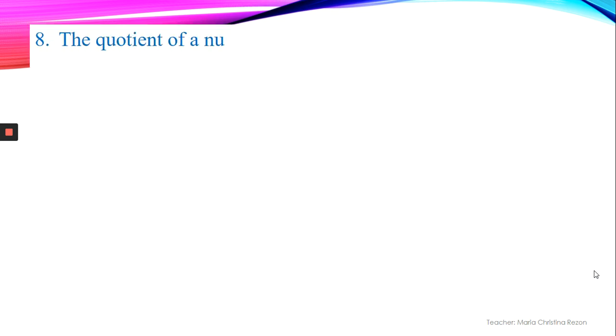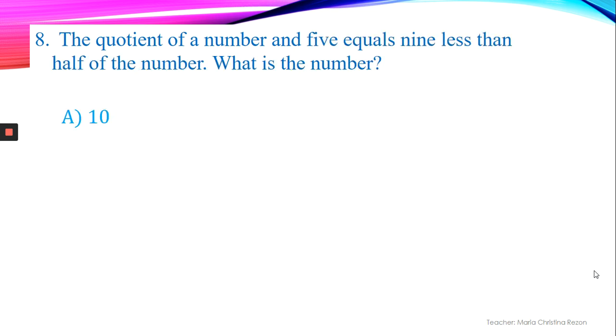Now, I want you to try to answer number 8, 9, and 10 questions. Do not just choose any letters, but try to analyze and solve each of the problems given.